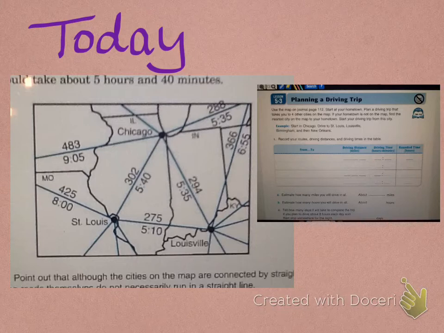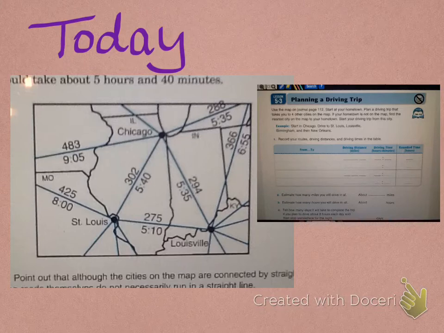So for example, if I look at St. Louis to Chicago, if you find that on the map, we have a number on top of the line and a number below the line. The number on top tells you how many miles it is roughly between those two cities. The number on the bottom tells you the amount of time that it's going to take.